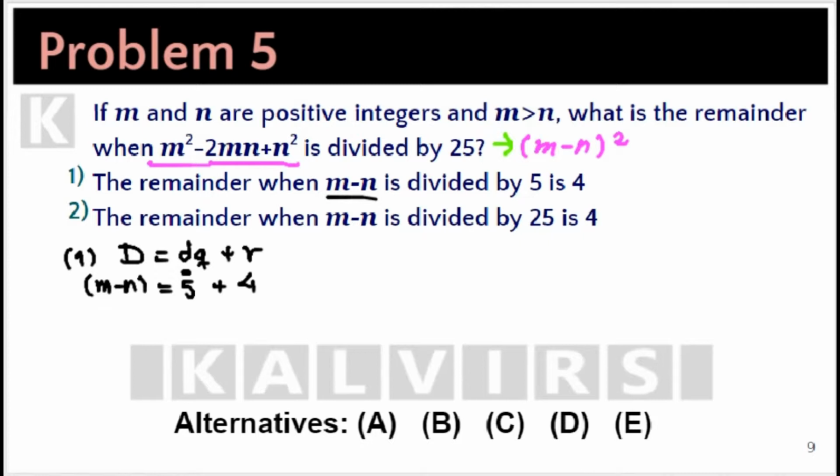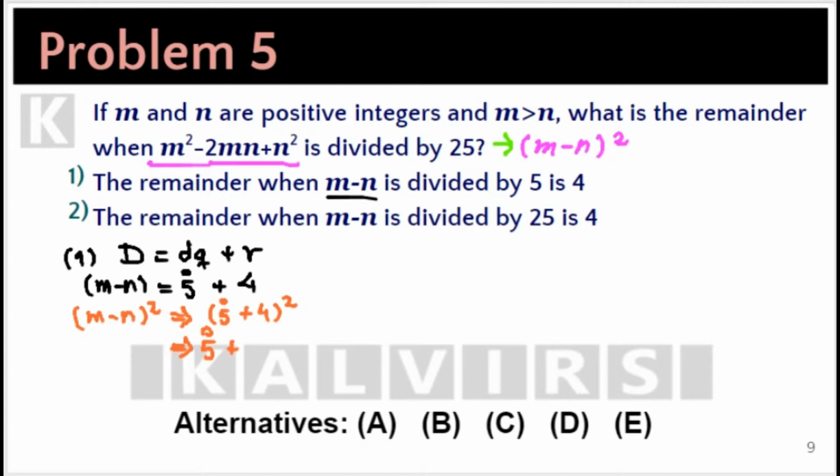Now, if we square this expression, then we get that m minus n squared is a multiple of 5 plus 4 squared. Now, a multiple of 5 squared is another multiple of 5. Now, 2 times a multiple of 5 times 4 is another multiple of 5.